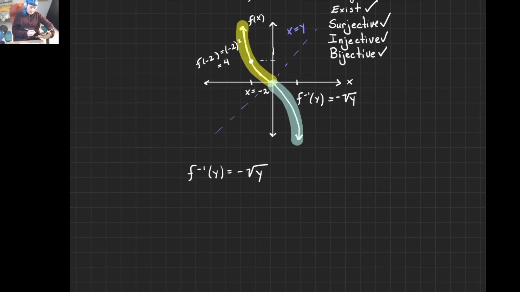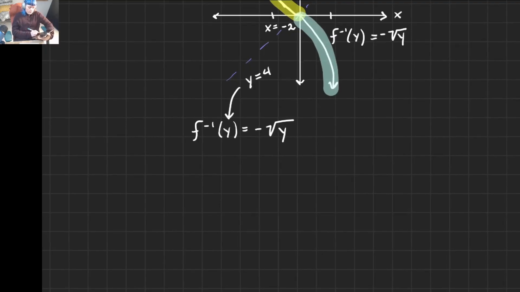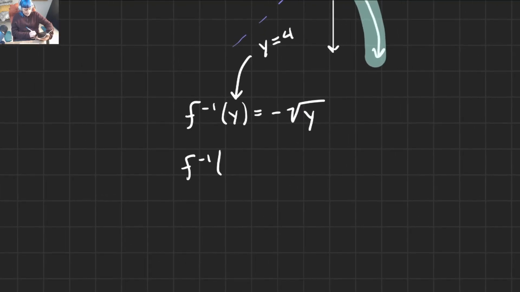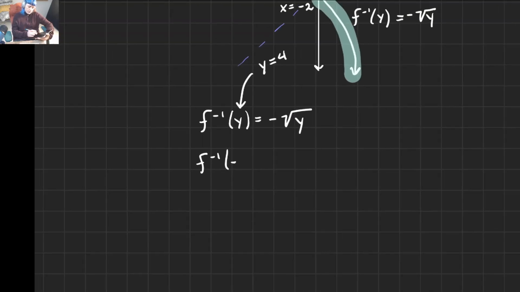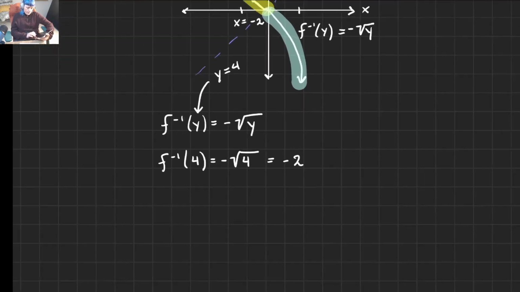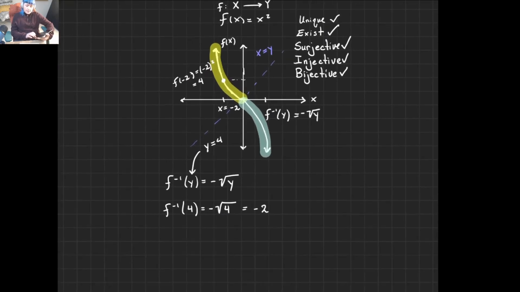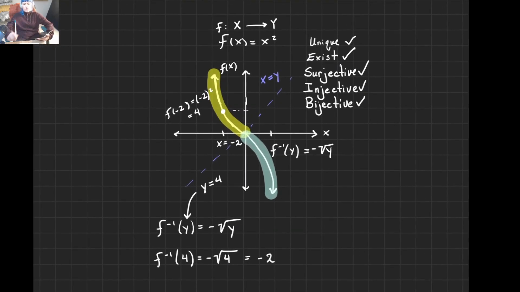So then I have here my value in the range would be y equals 4. And from this function, I want to get back to -2. So then f inverse of 4 is equal to the negative square root of 4, which is -2. So we know that this works.